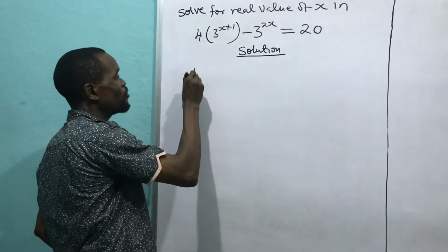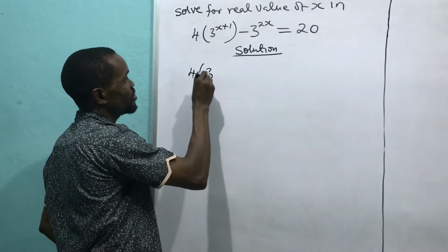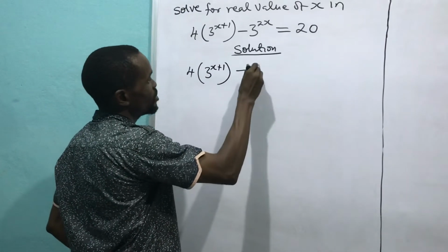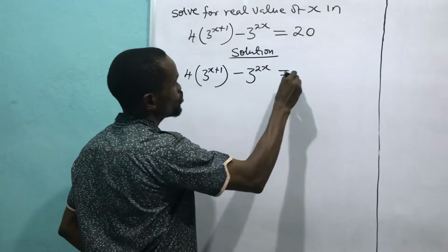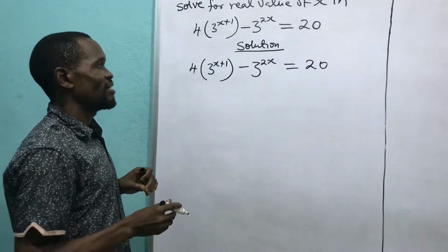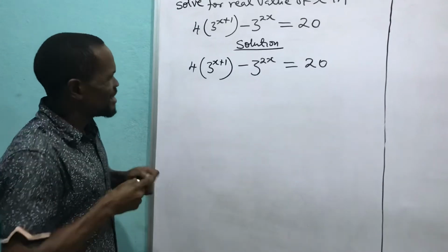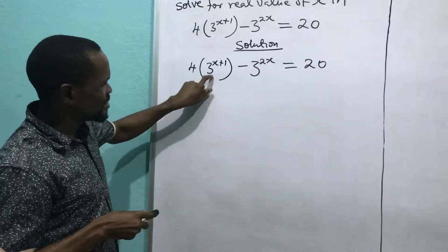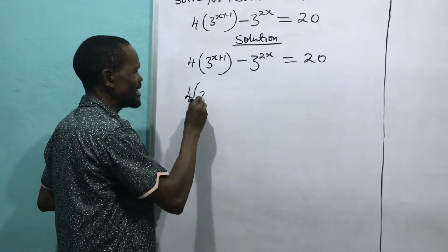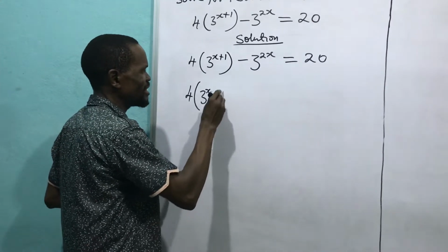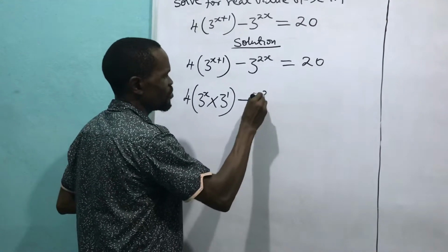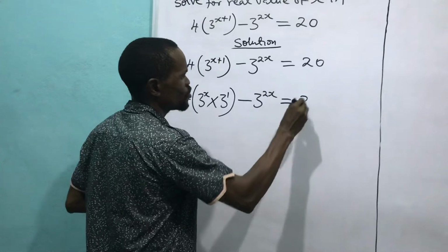I have 4 into 3 raised to power x plus 1, minus 3 raised to power 2x, equals 20. Look at this. Automatically, this can be written as 4 into 3 raised to power x times 3 raised to power 1, minus 3 raised to power 2x equals 20.